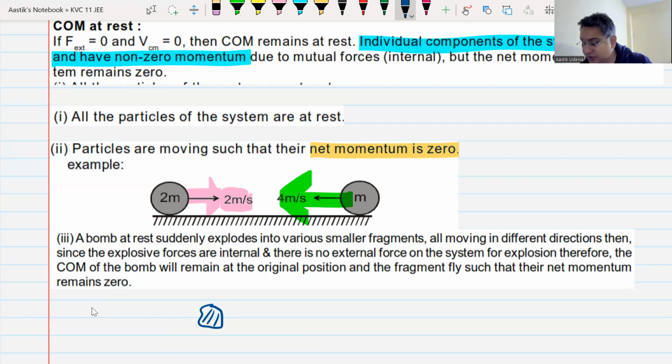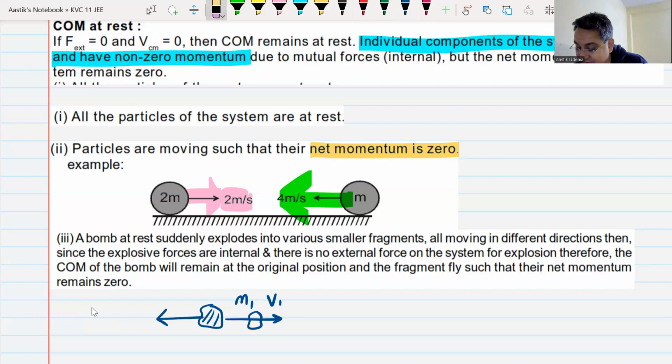Now, if it explodes into two parts, let us say one part of mass m moves with a velocity v1 in the forward direction. Then the other mass has to move backwards.